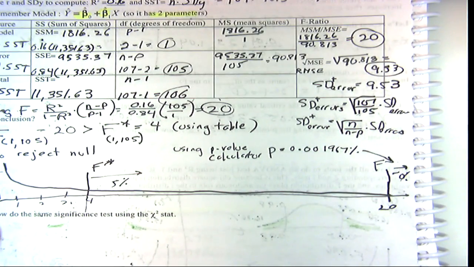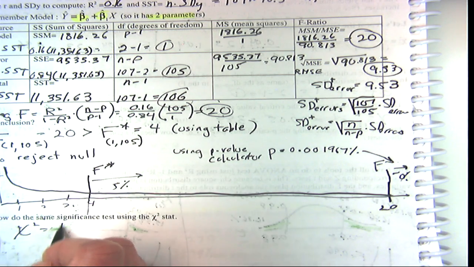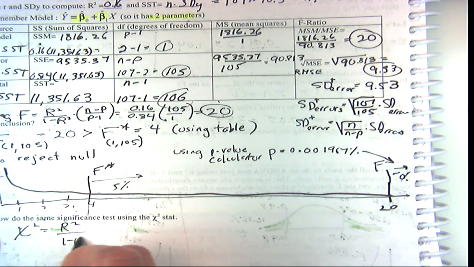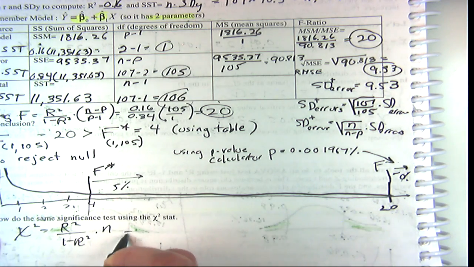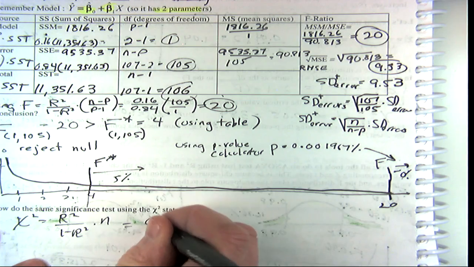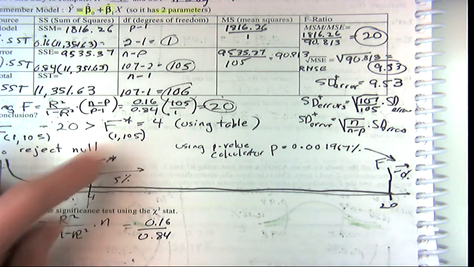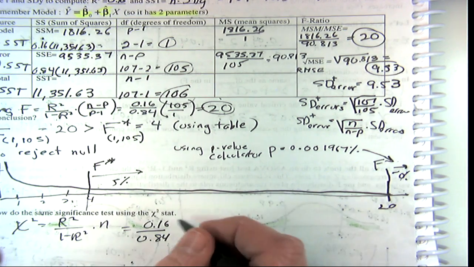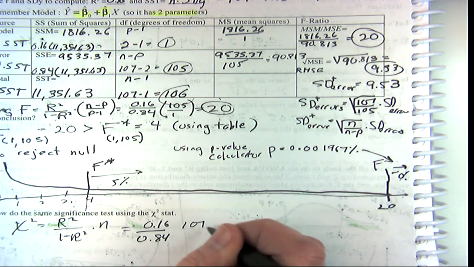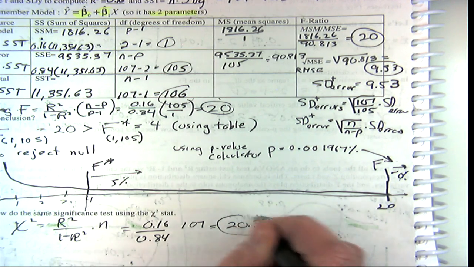All right, now let's do the same thing using chi-squared. So how's chi-squared going to be different? We're going to say R squared over 1 minus R squared times n, and that's it. That's so easy. So we'll do the same thing, 0.16 over 0.84, and instead of times 105, we're just going to make it times 107, and you get 20.38.